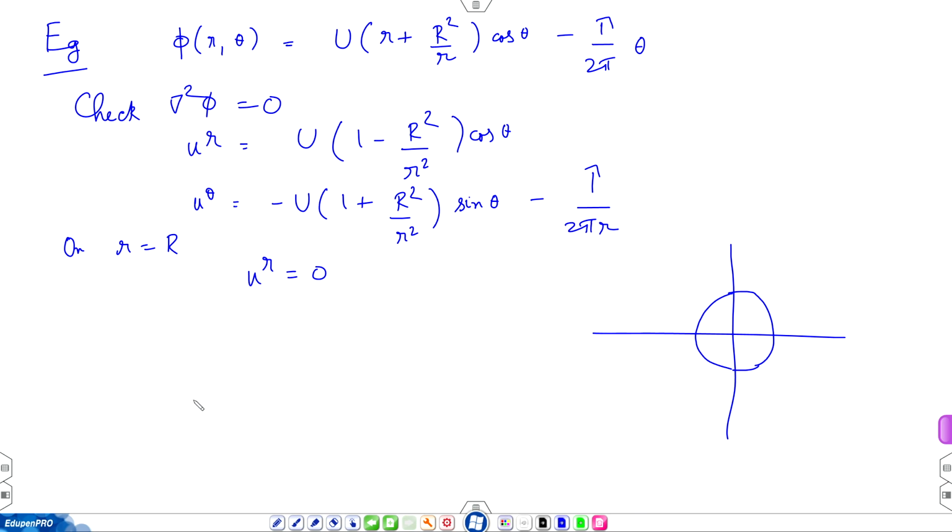The second term, gamma over 2 pi theta, dies as 1 over r. So, as r approaches infinity, it has no influence far away. You are left with u r is u cos theta, u theta is minus u sin theta, which is uniform flow. So, it is still uniform flow approaching a cylinder.